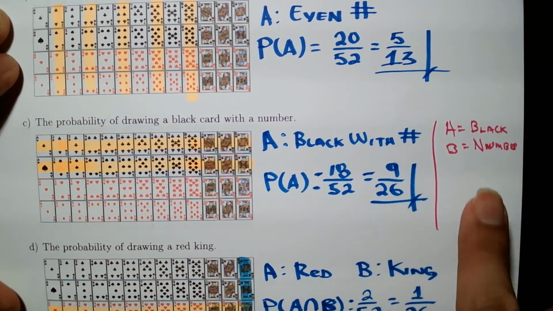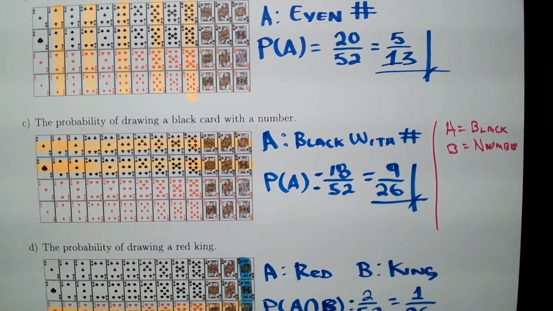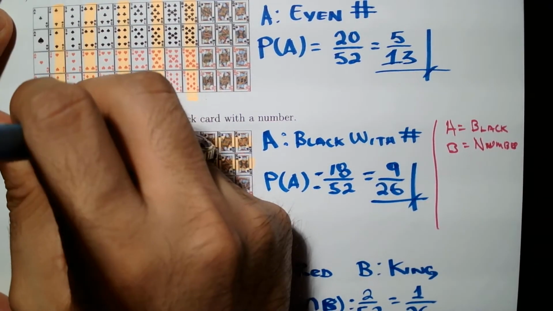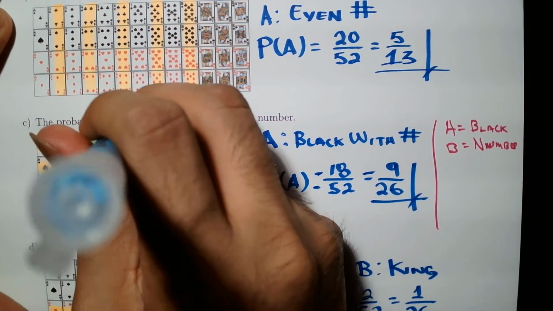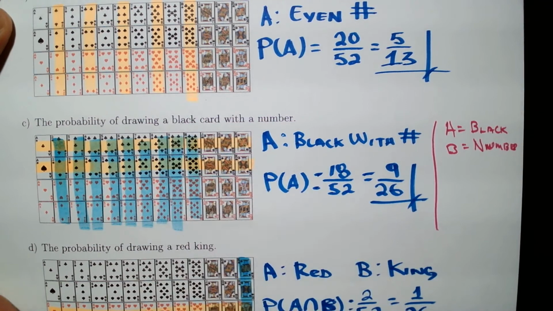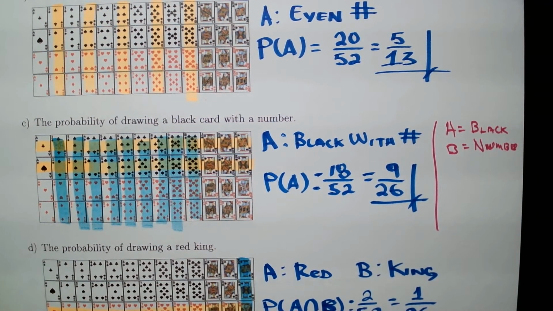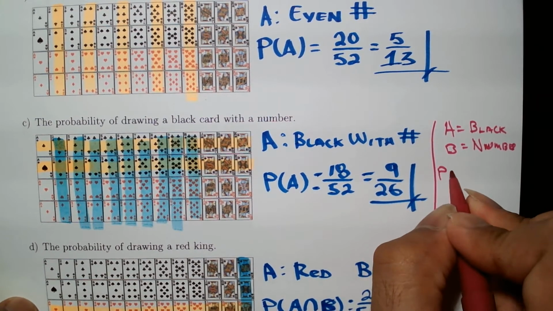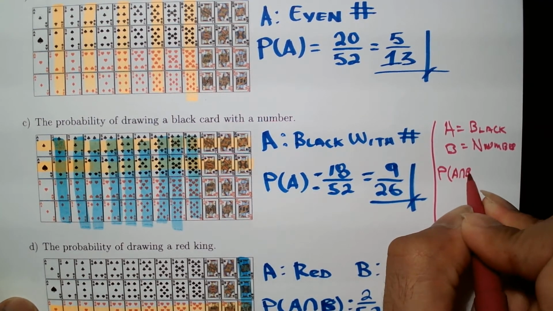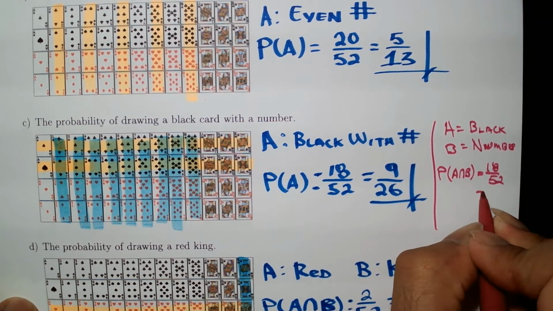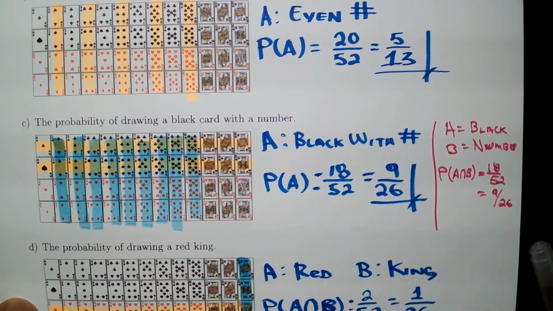And I'm going to highlight all the cards that have a number with blue, and I'm going to count the intersections. Do you see all the intersections? It's the exact same amount of cards than the ones we did. So the probability of A and B happening at the same time, it's still going to be 18 out of 52, which is the same as 9 out of 26.